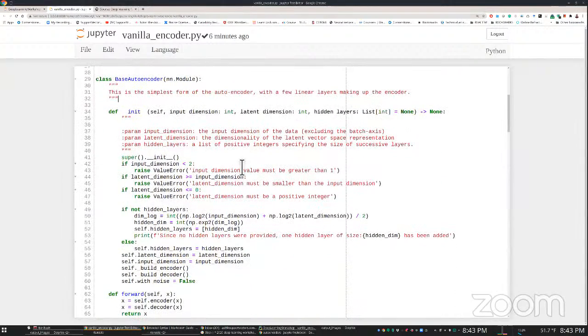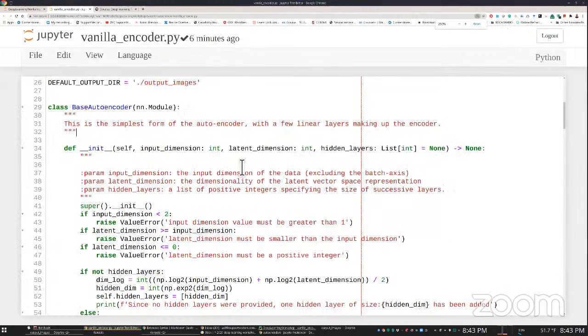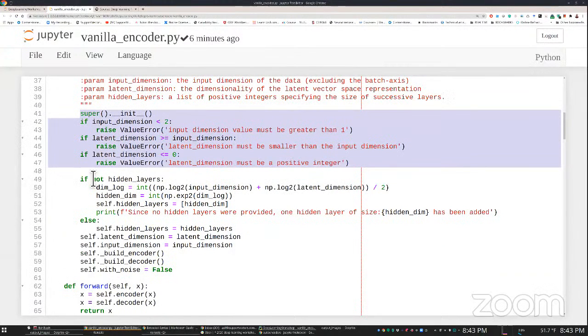So here we go. I will again explain this. This is line 41 to 47, which I hope is self-explanatory. You don't want the input dimensions to be less than two, because there's no further compression you can do. At this particular moment, we are not doing the over-complete autoencoders.